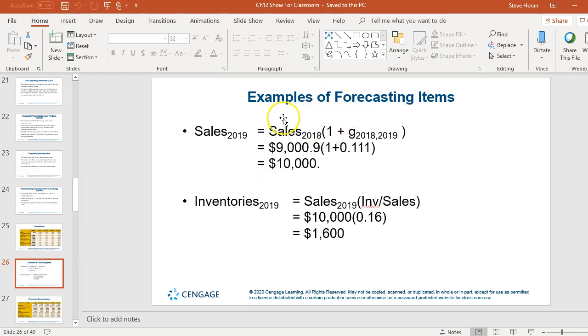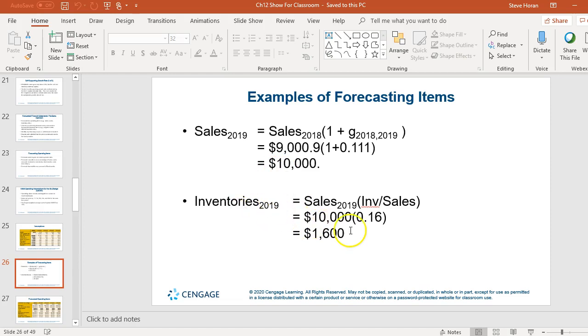And so with that, then we can forecast pretty much every other item. And obviously you can build an Excel spreadsheet to do this for you quite easily. So sales of 19 equals sales of 18 times 1 plus the growth rate, right? Remember that growth rate for the first year was 11.1%. So my sales number in 19 will be 10 million.